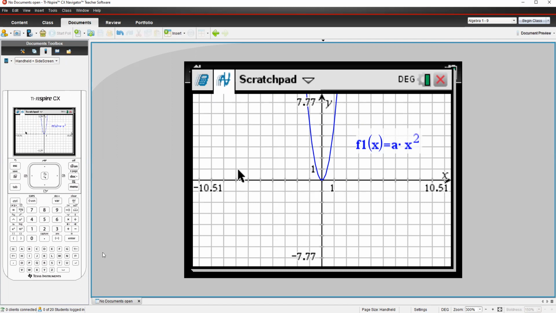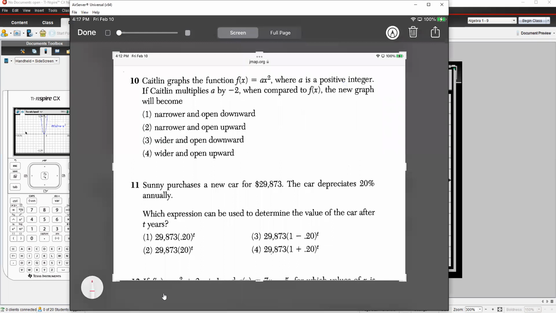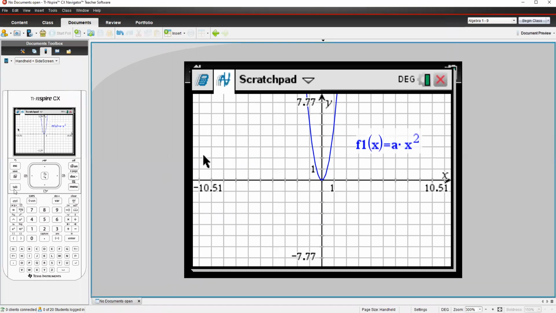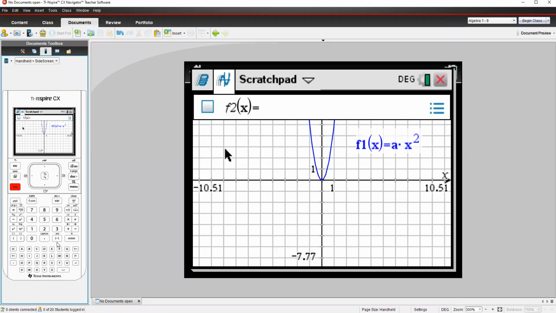Now, what the question said is, what happens to that function if you multiply A by a -2? So let's do that. So we go back to the graph, and I'm going to press tab, and then I'm going to go to a -2 times a times x squared.